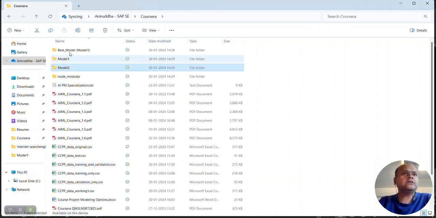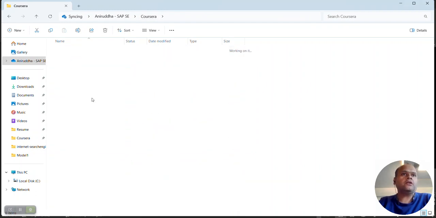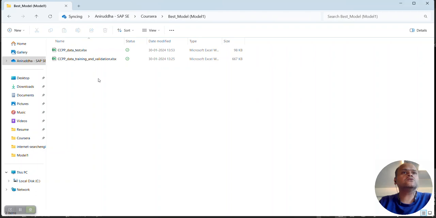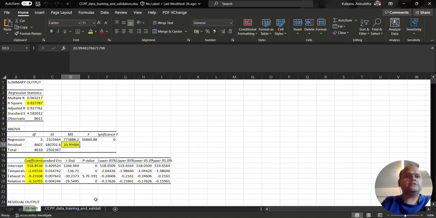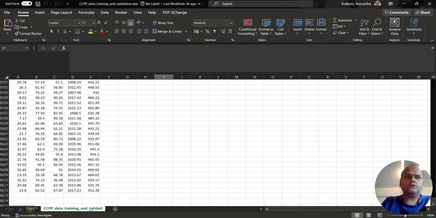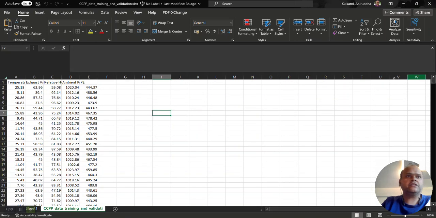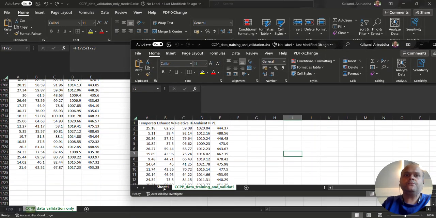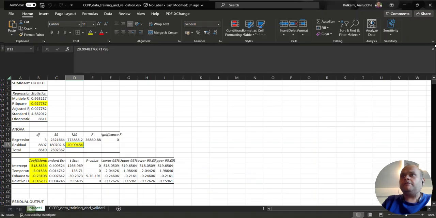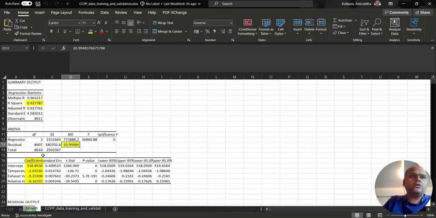So going back here, model 1 is the best model we have chosen so far. And on both training and validation data set, what we now do is rerun the regression. So in this tab, we have the entire training and validation data set, all of the values here. This still doesn't contain the test data set, mind you. And when we run the regression function here, we get this output.